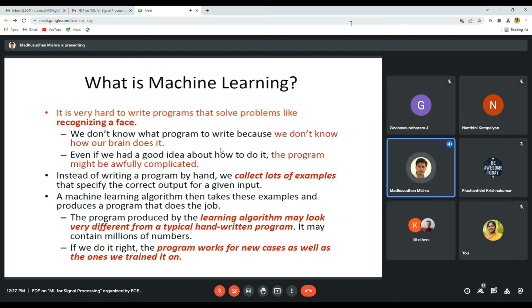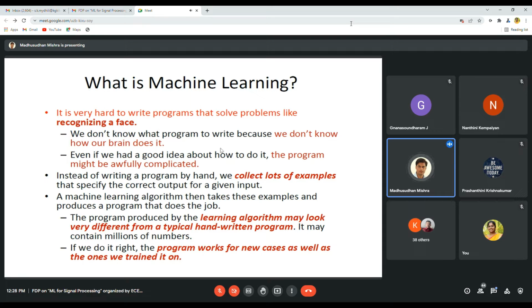A machine learning algorithm then takes these examples and produces a program that does the job. The program produced by the learning algorithm may look very different from a typical handwritten program. It may contain millions of numbers. If we do it right, the program works for new cases as well as the ones we trained it on.